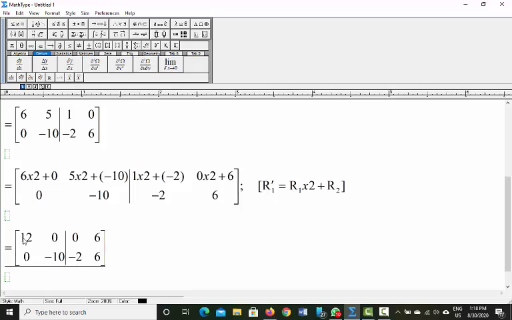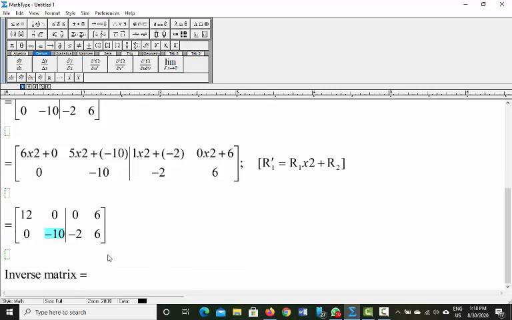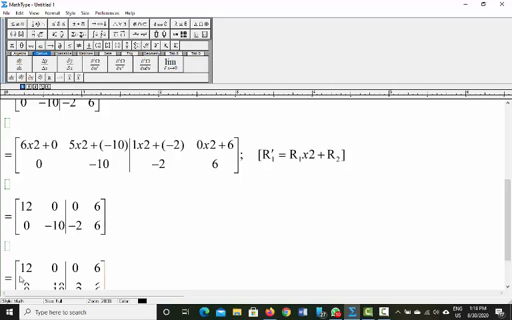Now we need to get 1 in the right diagonal elements. So we need to convert these to 1. Let us convert the right diagonal elements to 1.